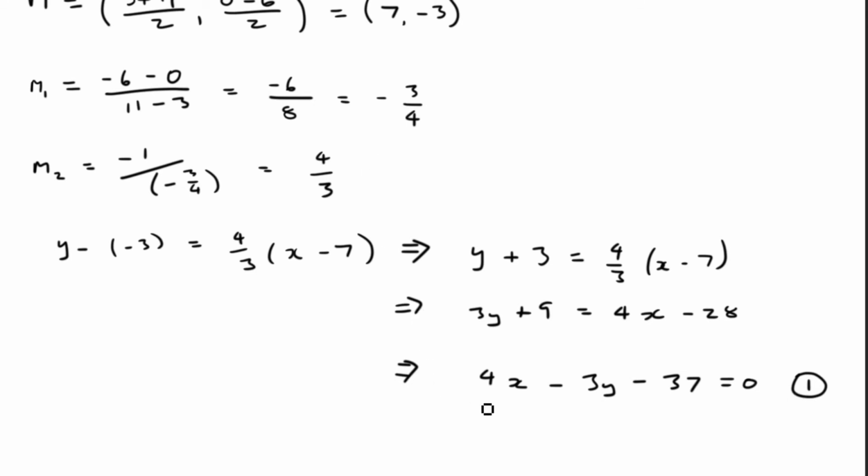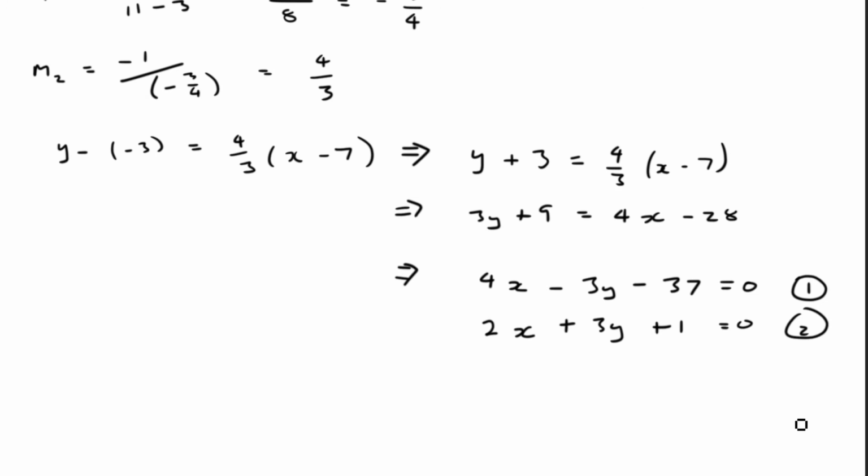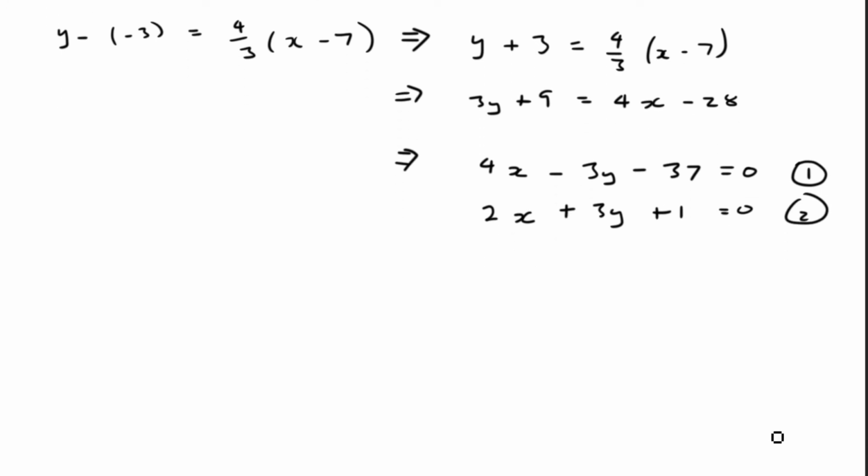But we've also been given the equation of the other line we're interested in, which is 2x plus 3y plus 1 is 0. Let's call that equation 2. So we have to solve these simultaneously to find the point of intersection. Why don't we add these equations together?